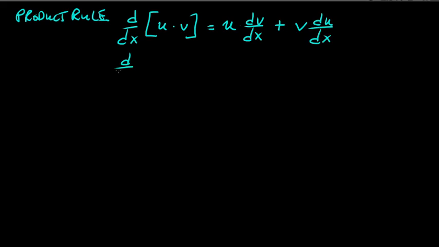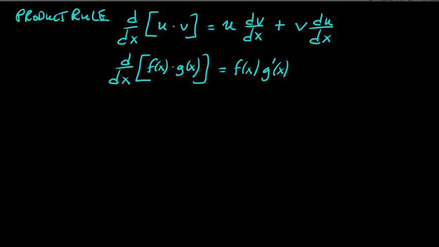In terms of the more familiar f and g, this is going to be f times g prime plus g times f prime. Whichever way you want to remember it, these are the same. It's just two equivalent ways of doing it.